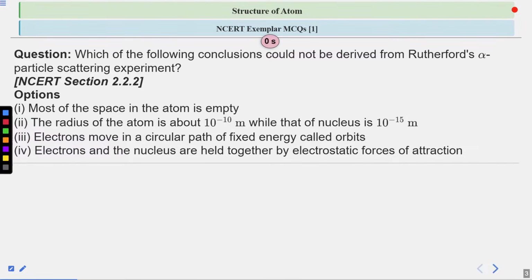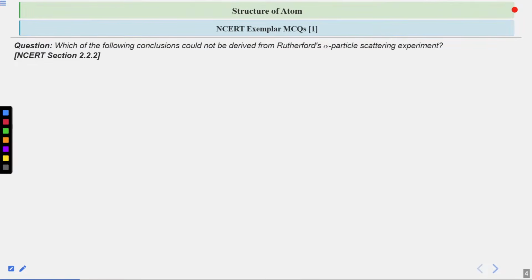So the time is up. What was Rutherford's alpha scattering experiment? Remember, he radiated the gold foil with alpha particles and then observed the outcome with the help of a zinc sulfide panel.